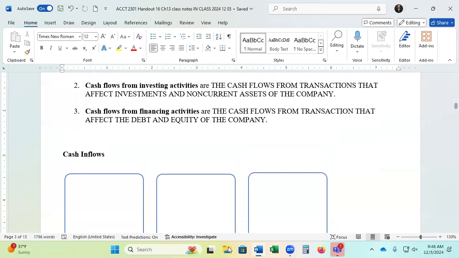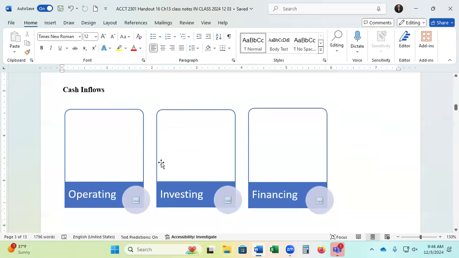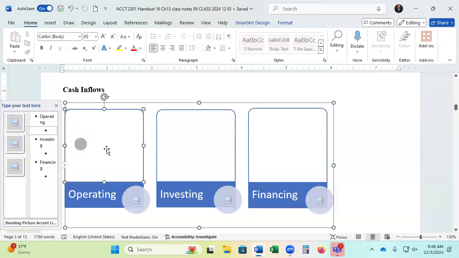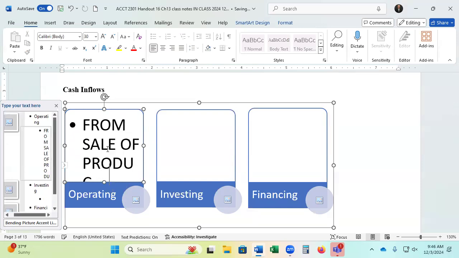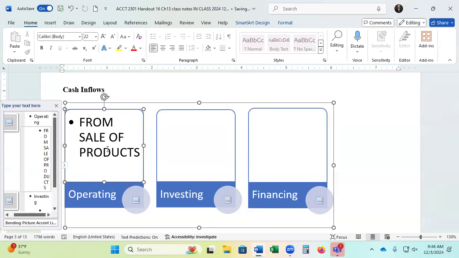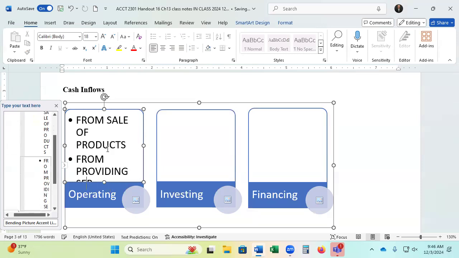Okay, so we're going to talk about what are some of the cash inflows for the various activities. So for operating activities, cash inflows come from sale of products and from providing services.